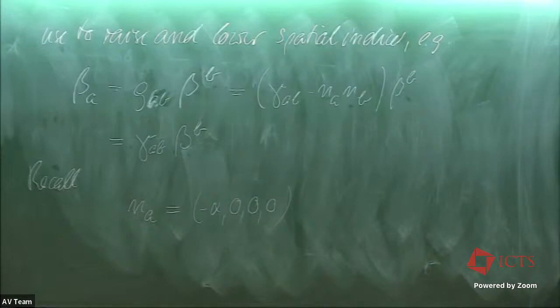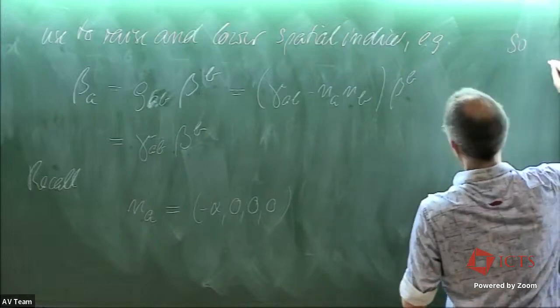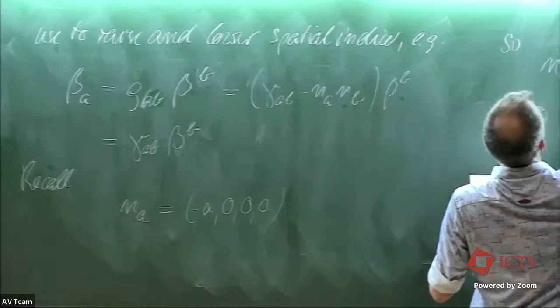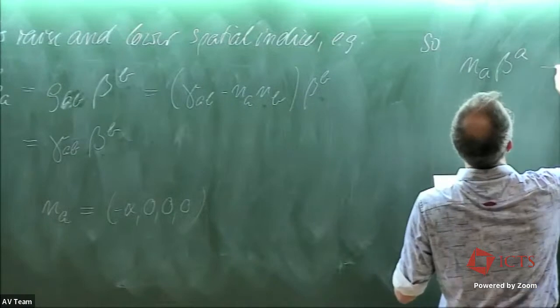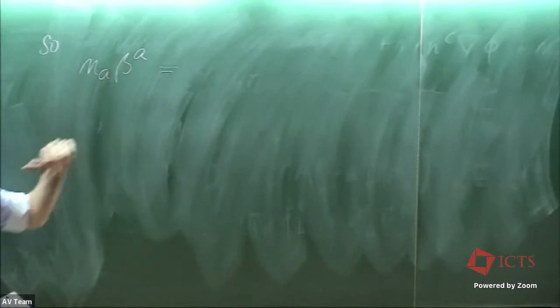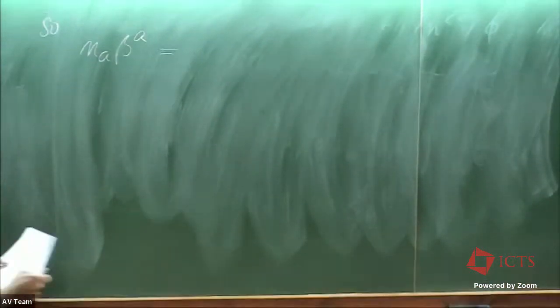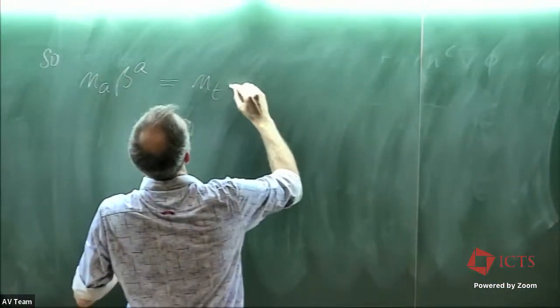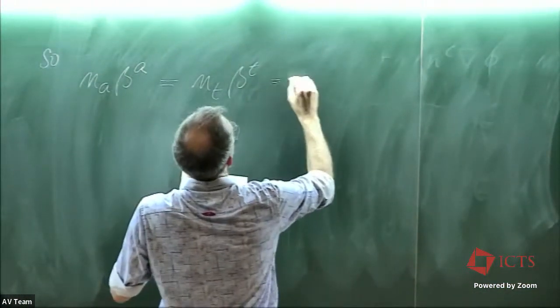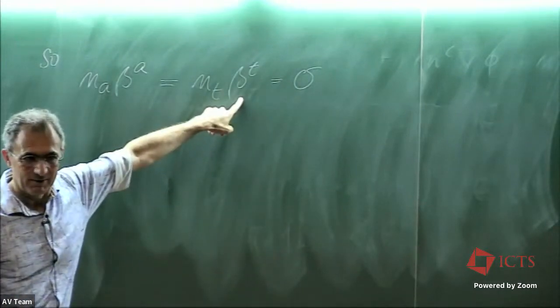So for example, for the shift vector, I get NA beta A, that must be 0. But before I write down 0, let me write the only terms that I'm getting here, because the only non-zero term is the t component. So this is the same as NT beta t upstairs equals 0. And that means that beta t must be 0.